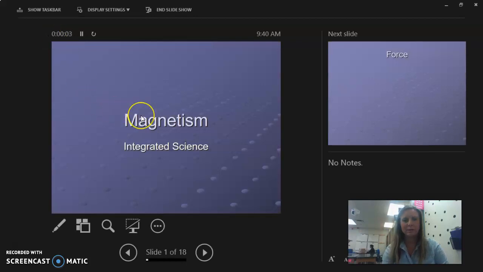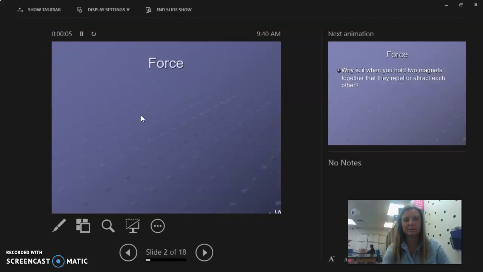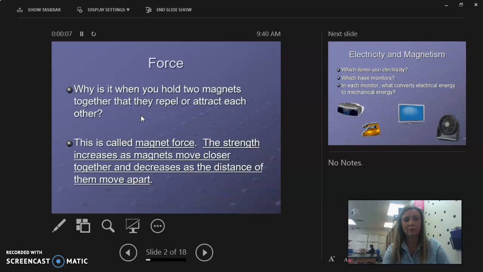So the idea here is, once again, magnets are a force that we are going to be using. So if you think about what we're going to be discussing, is that we're still using our terms kinetic and potential energy, and we're also now including our thermodynamics and some of our physics questions, such as force.